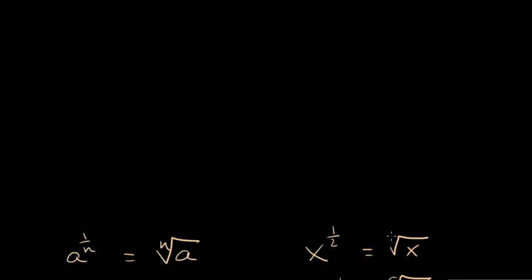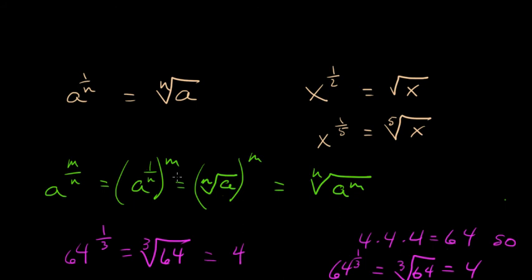And then let's try one more of these doodads, and that is 36. Let's get a different color here. Okay, 36 to the 3/2 power. This is where I'm going to use this one down here.